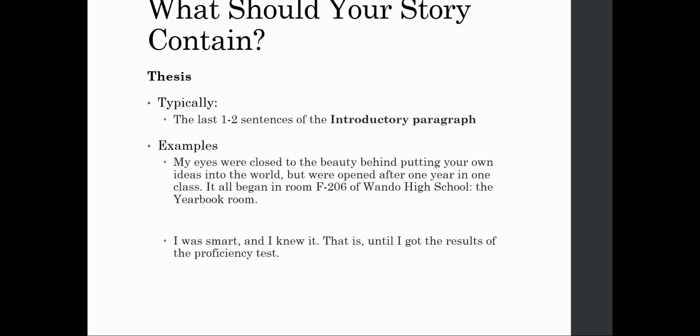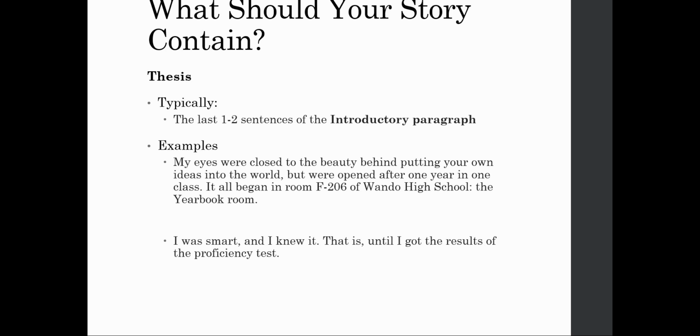This story seems to focus on failure or a challenge, and that challenge seems to relate to, again, the academic setting. So, in these 2 very short sentences, we can understand that the author has their eyes opened, just not so much in a positive way, and it will relate to, most likely, again, not so positive results on a proficiency test.